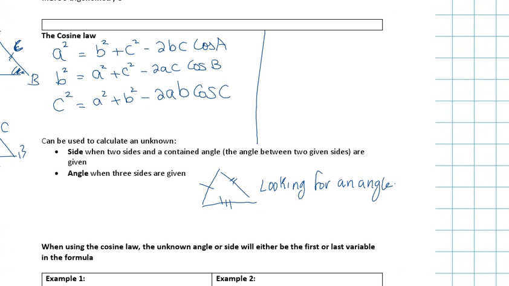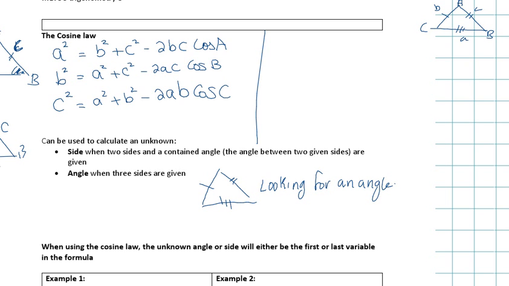Now, if I know all three sides A, B, C, that means I know this A, this B, this C, and I'm looking for the angle.